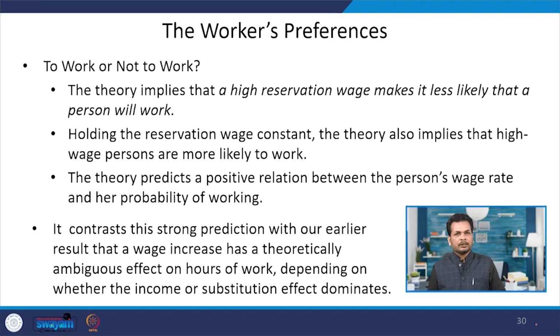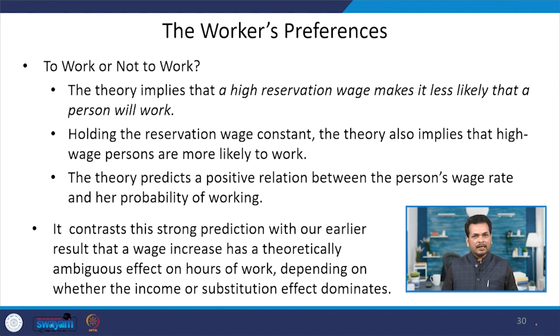Therefore, the decision to work is based on a comparison of the market wage, which indicates how much employers are willing to pay for an hour of work, and the reservation wage, which indicates how much the worker requires to be bribed into working for that first hour. So, the theory implies that a high reservation wage makes it less likely that a person will work.